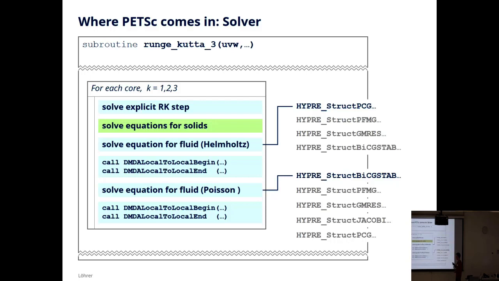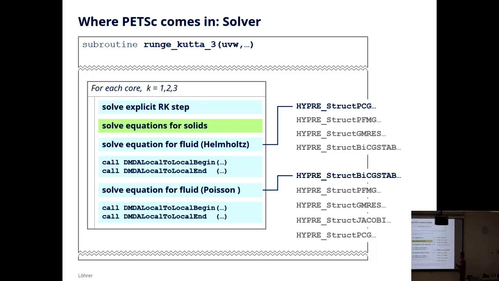We then solve the equation of motion for the solid. There we use third-party solvers or our own solvers, depending on which dispersed element we're looking at. We then have two more equations that have to be solved for the fluid, one of Helmholtz kind and another one of Poisson kind, to correct the intermediate velocity field. And this is done using hypre solvers.